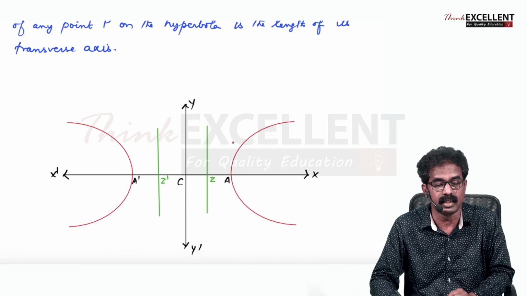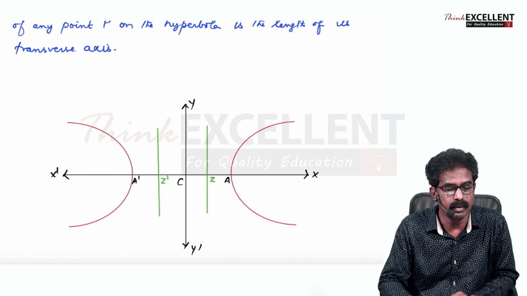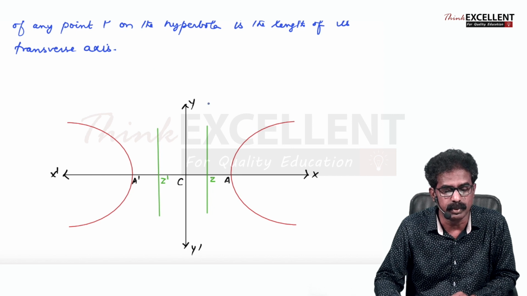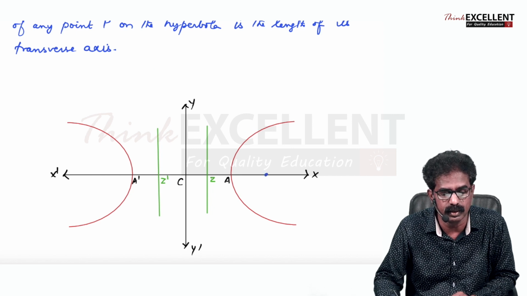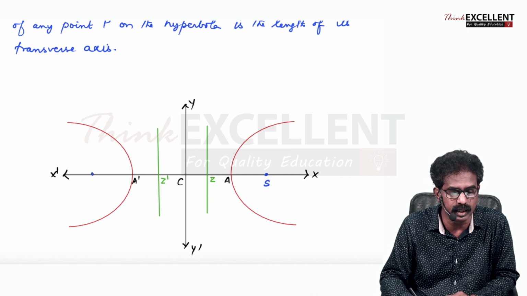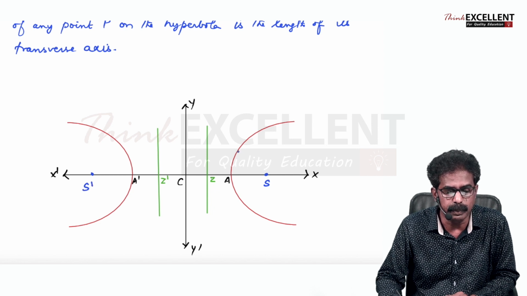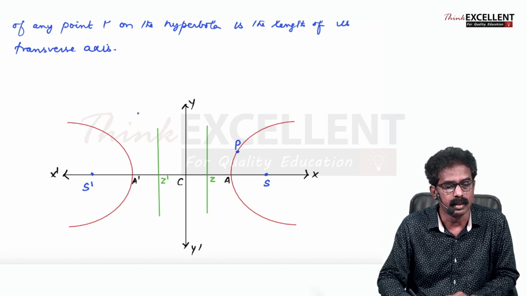There are two foci. One focus I'm taking here, this is the first focus, S, and the other focus you take as S dash. Take a point P somewhere on the hyperbola.